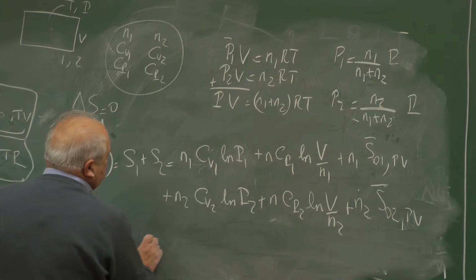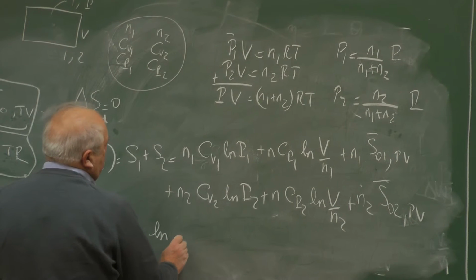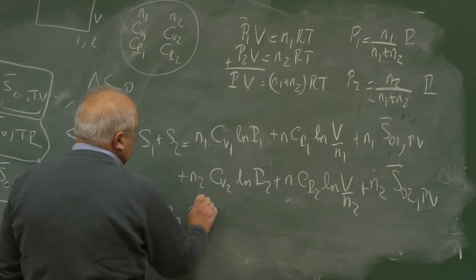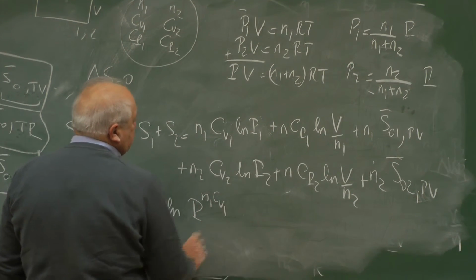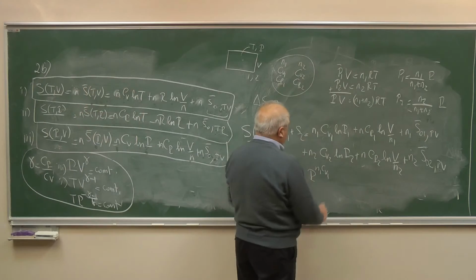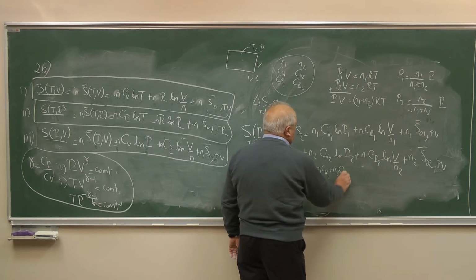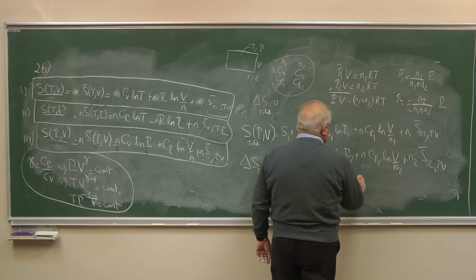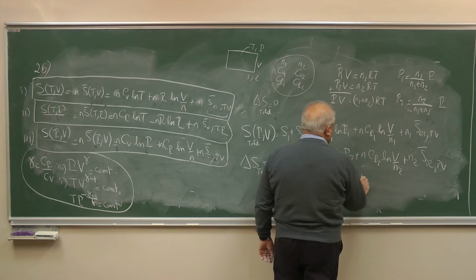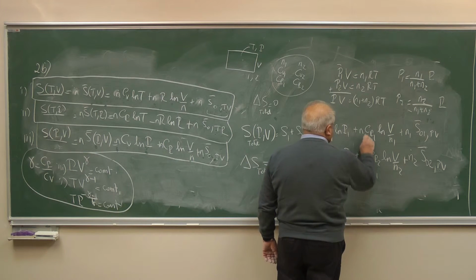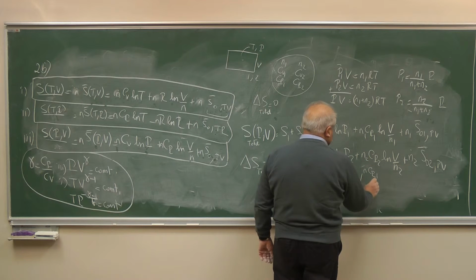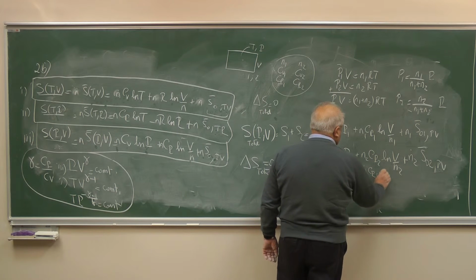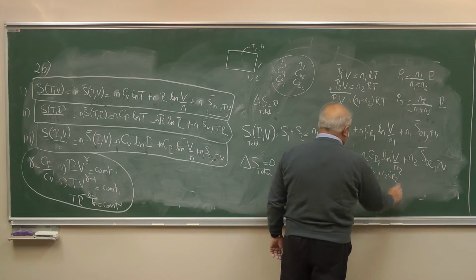So we have log P (N1 CV1 plus N2 CV2). And from here, we have V (N1 CP1 plus N2 CP2).